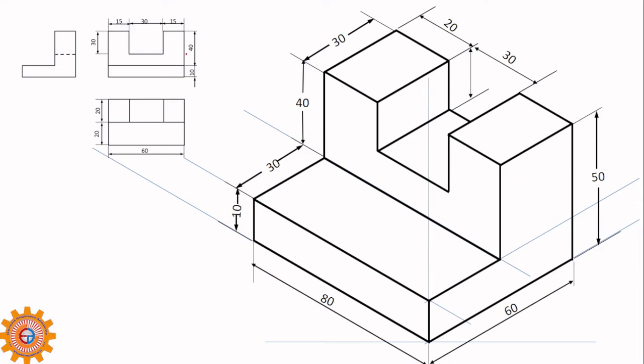So here I have shown 50. Now write the same 50. That is, the top part is 40 and the lower part is 10. But I have taken more, that is 30, 30.